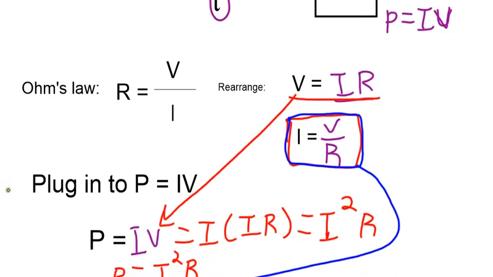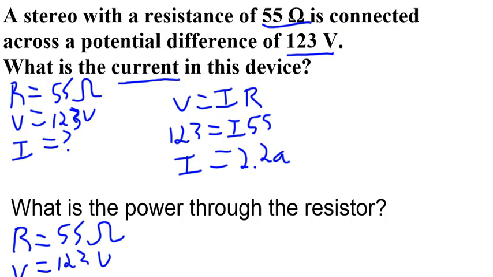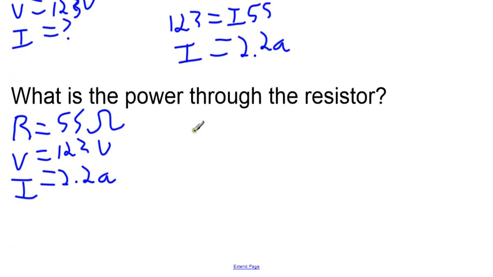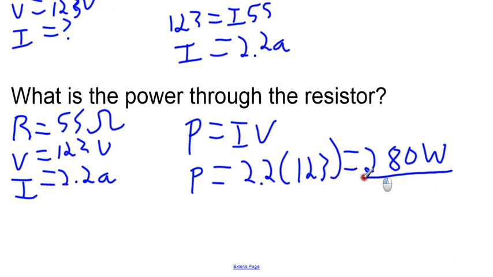To remind you, we have P is equal to IV, P is equal to I squared R, and P is equal to V squared over R. In fact, you can use multiple equations to confirm and double check your work. I'm going to use P equals IV. So power is equal to 2.2 times 123, and this should give us 280 watts.